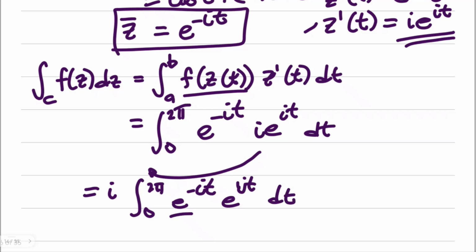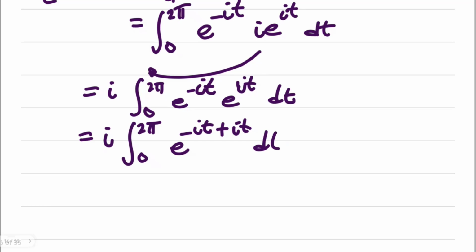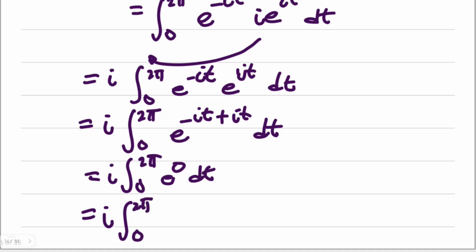You have the same basis, and according to the multiplication law of exponents, you will have I integral from 0 to 2 pi of e to the power of negative it plus it dt. But that would give us e to the power of 0 dt, which is just I times the integral from 0 to 2 pi of dt, because e to the power of 0 is just equal to 1.